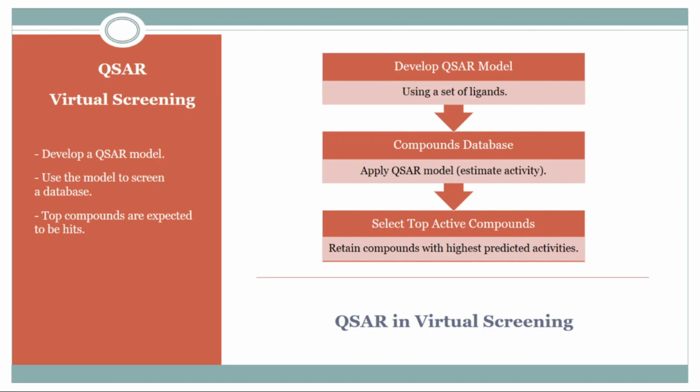So when developing the model, we use a set of ligands with active structures with known activities, and once we obtain the model, we can then use it to predict activities of structures with unknown activities. Then, for example, we can screen a compounds database, and select the compounds that have the best predicted activities by the model and expect them to be actives.